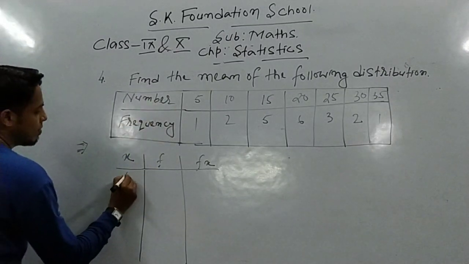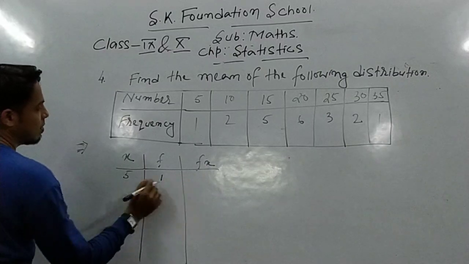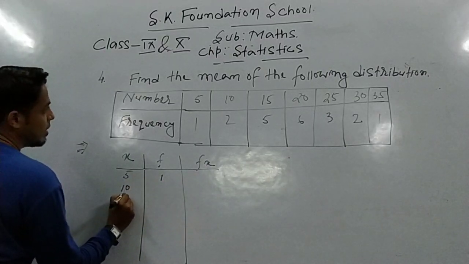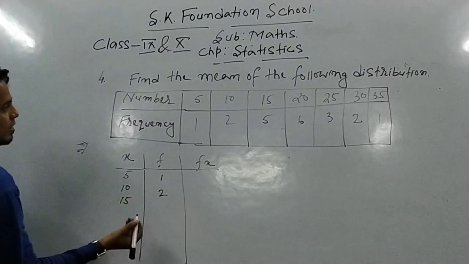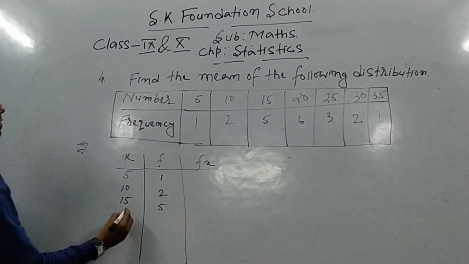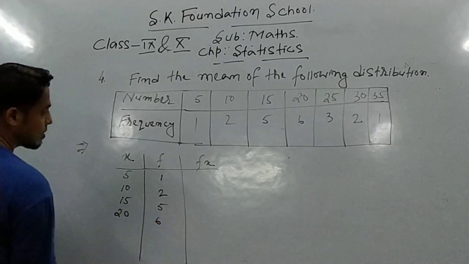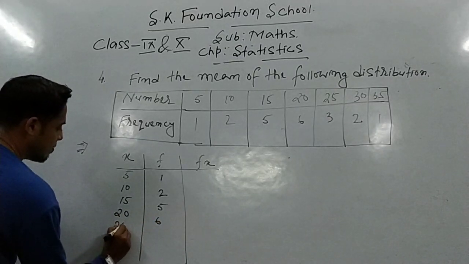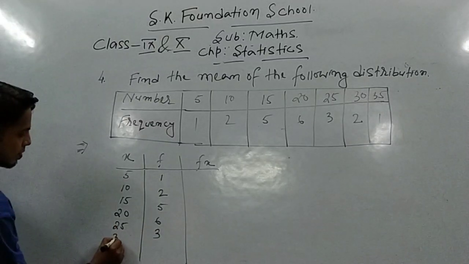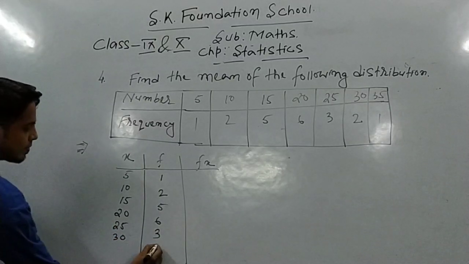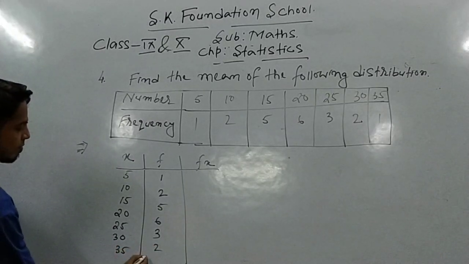First number 5, frequency 1; 10, 2; 15, 5; 20, 6; 25, 3; 30, 2; and 35, 1.